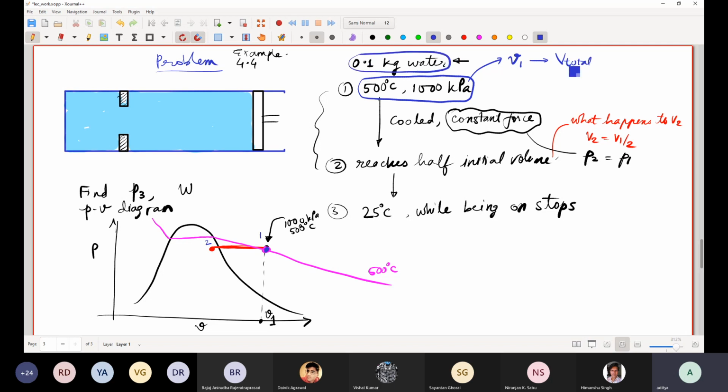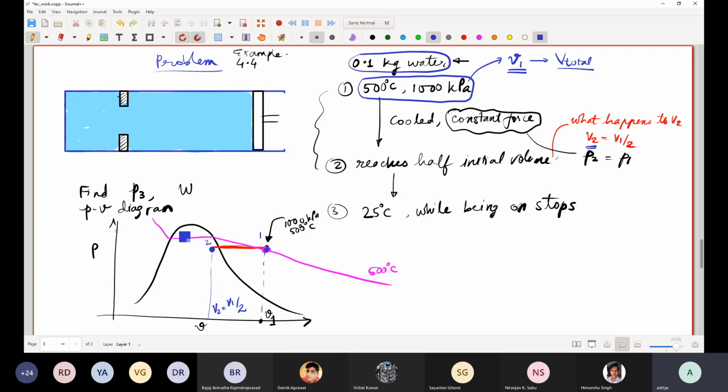But regardless, once we know the specific volume, we know that V2 will be half of V1. So over here, V2 is equal to V1 over 2. And so we are at a junction where we precisely know what the second point is.